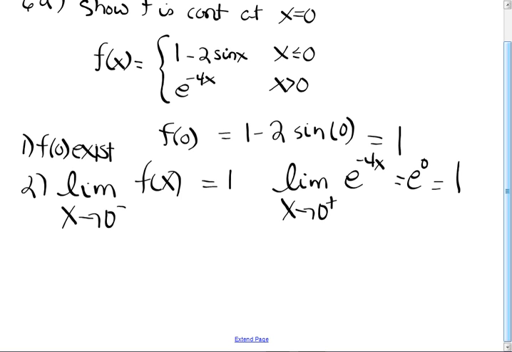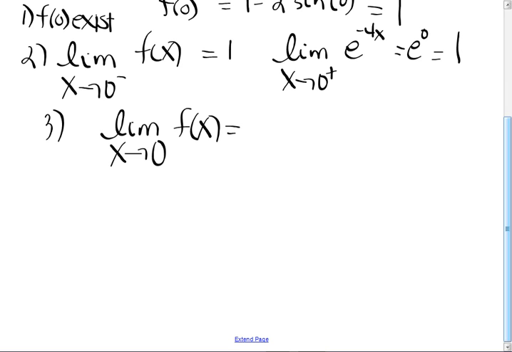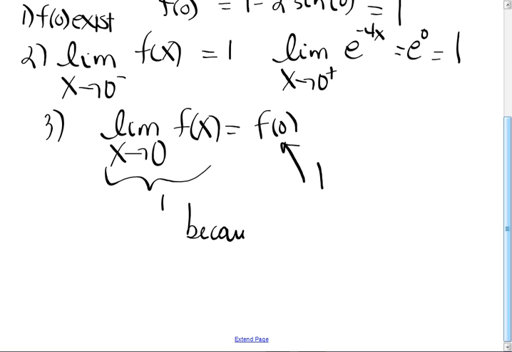So since the left equals the right, and it exists, I can now claim the third one, that the limit as x approaches 0 of f of x equals f of 0. I would say that that is 1, and I would say this is 1. Because I think they might ask you this, the limit from the left equals the limit from the right.